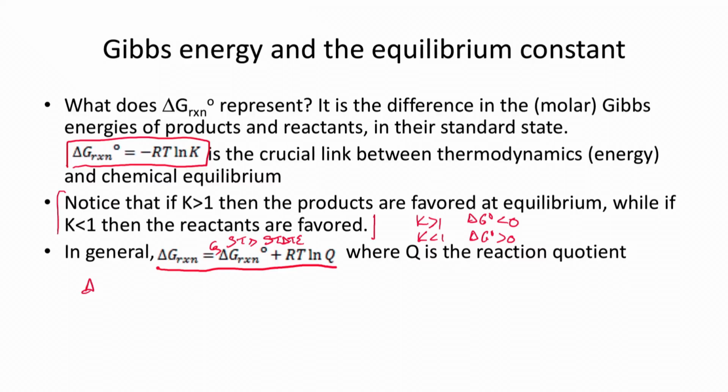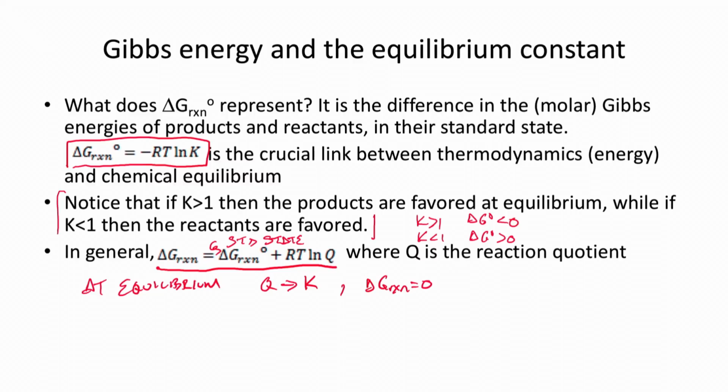So let me show you something interesting. If I'm at equilibrium, then Q, the reaction quotient, really becomes K, the equilibrium constant, and as we talked about earlier, delta G for the reaction is equal to 0.